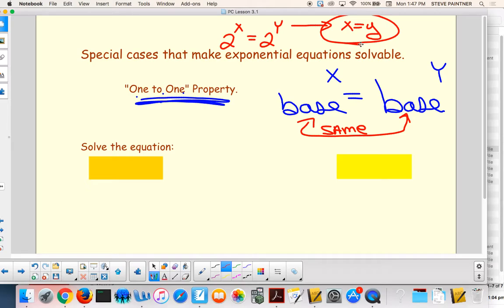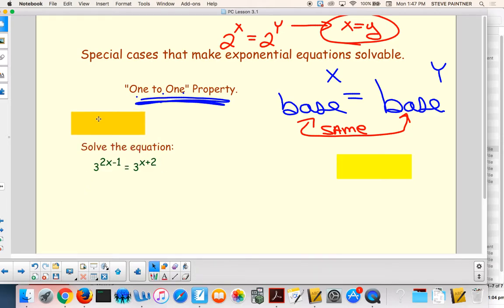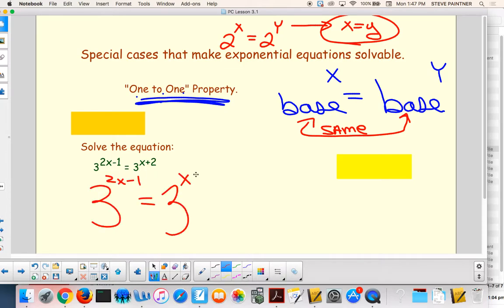Okay, here's your first problem. I'll write it a little bigger. It's 3 to the 2x minus 1 equals 3 to the x plus 2. Solve that equation. I tried to show you up there what to do.